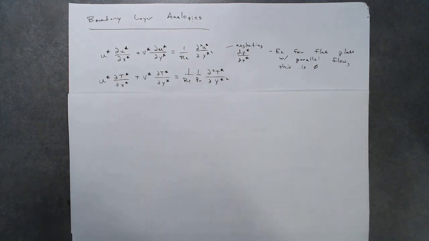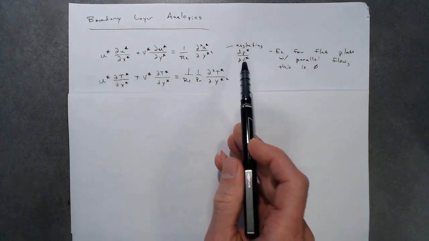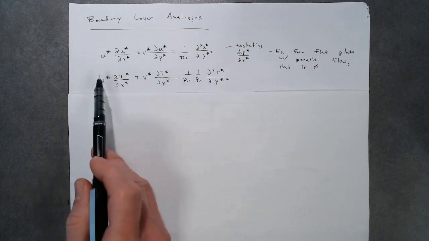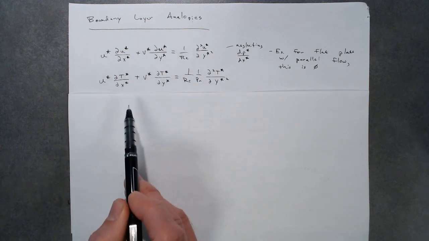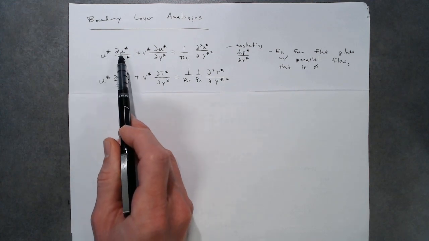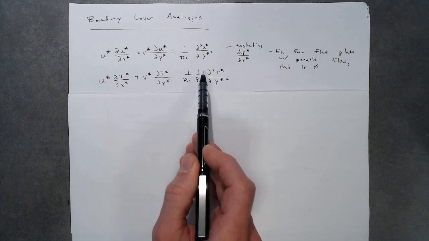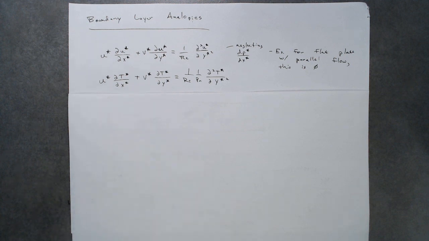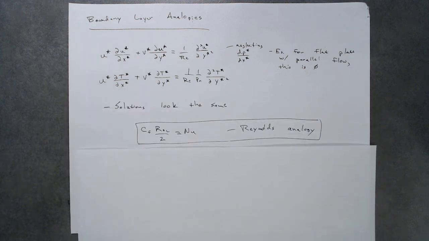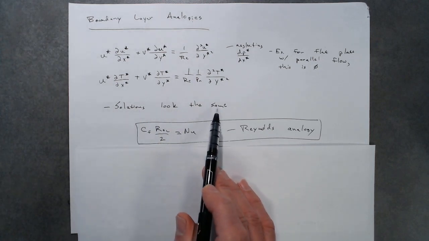The free stream pressure is unaffected far enough away from the surface of the plate. So if we can neglect this term, then these two equations look essentially the same, just a difference in this prefactor. If we were to replace U star with T star, these equations are the same. We've just changed this constant value in front of the diffusion term. And that leads us to the suggestion that the solutions to these equations should look the same.